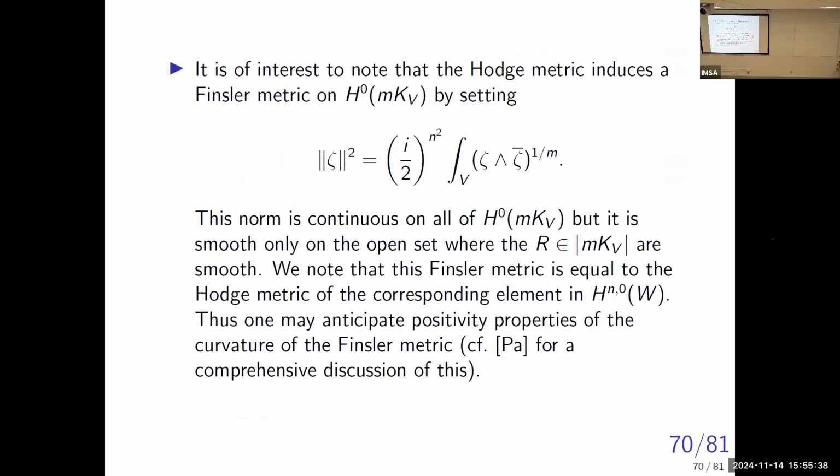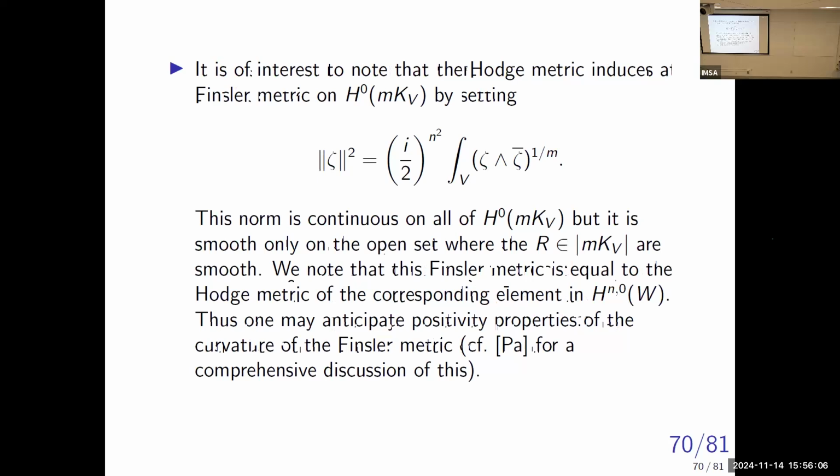So that's a norm, but it doesn't have the usual property of a metric. And what you do is you take a holomorphic m-form, so that's a dz raised to a power m. Wedge its conjugate, take the mth root, that's well defined, and integrate, call that the norm. So that's continuous, smooth only where there's certain properties of smoothness and stuff.